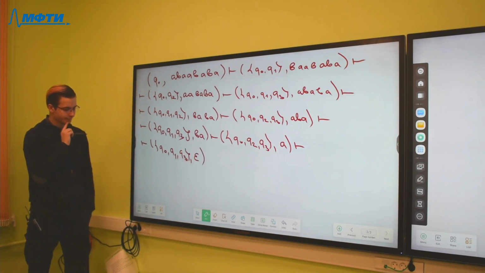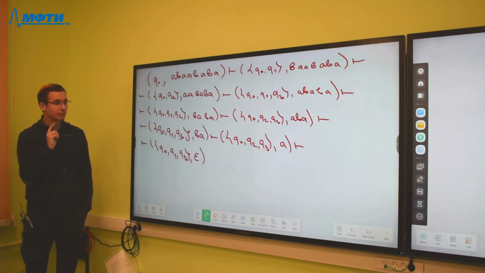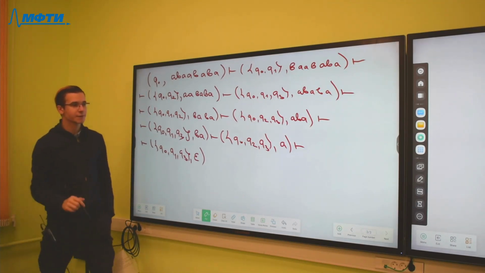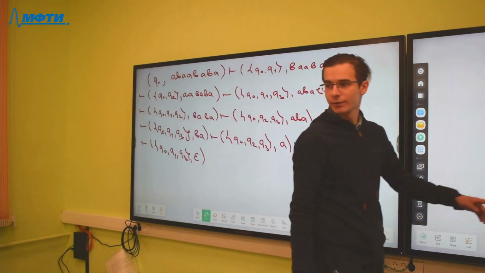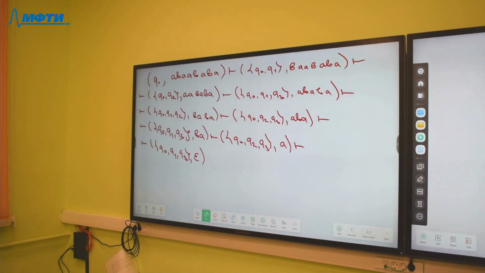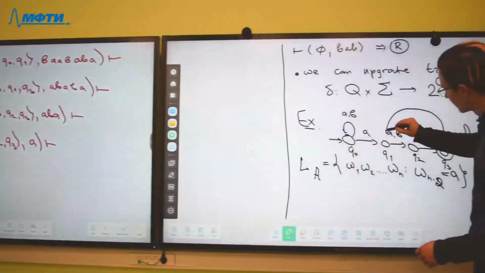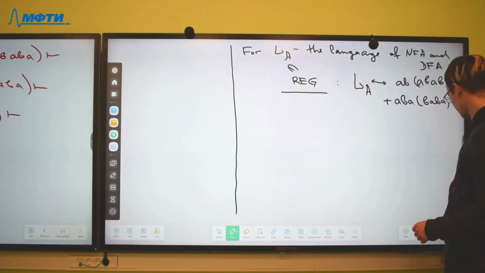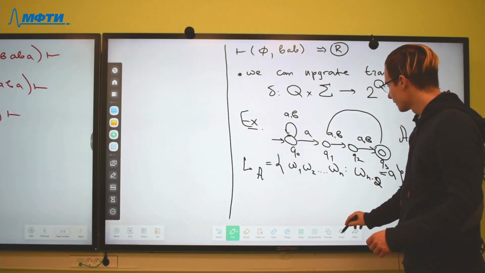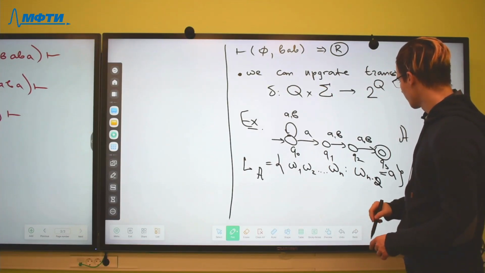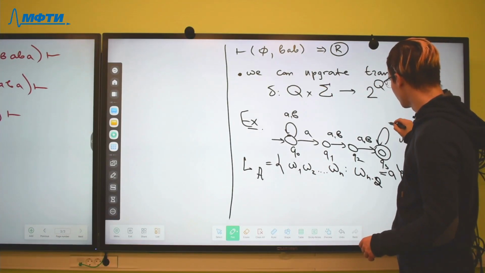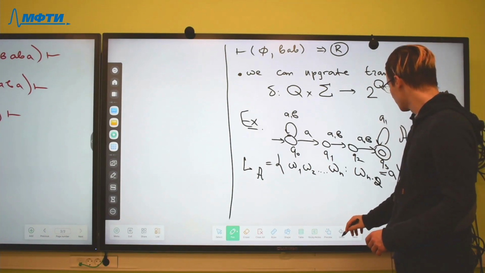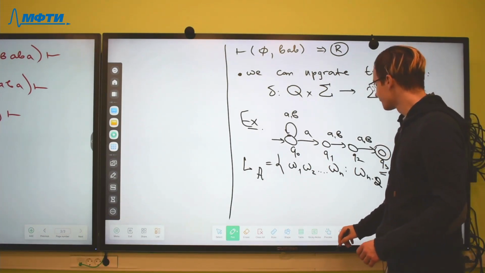Okay. We just remove it and start, because there is no edge from the Q3. Yeah. And if, for example, we have an edge like this, then we don't remove it.